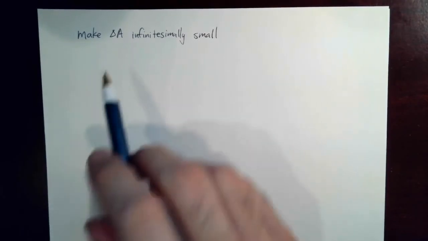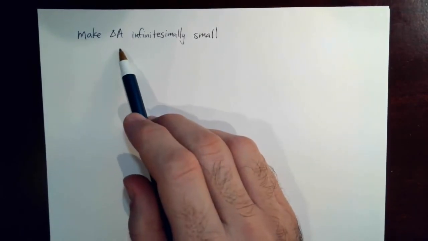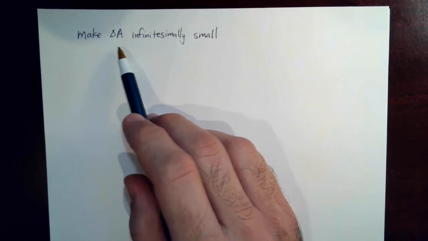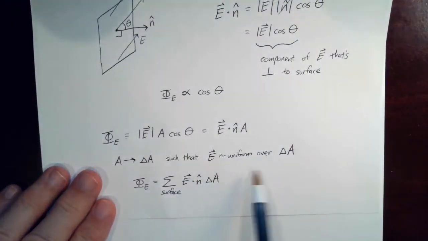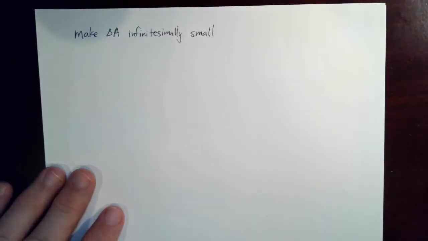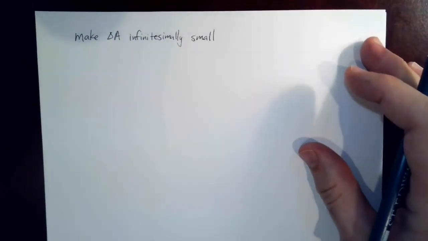Okay, one last step. We are going to make delta A infinitesimally small. So now in that case, our claim that delta A is small enough so that E is uniform over delta A is absolutely true, because we're making delta A infinitesimally small.